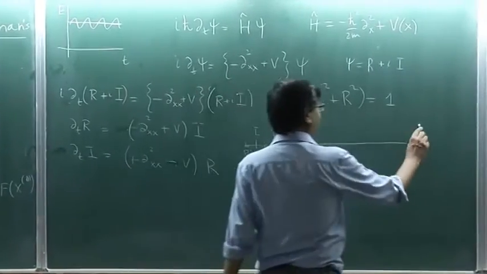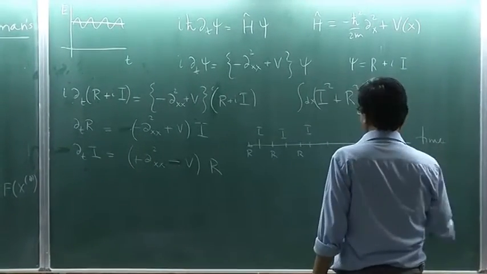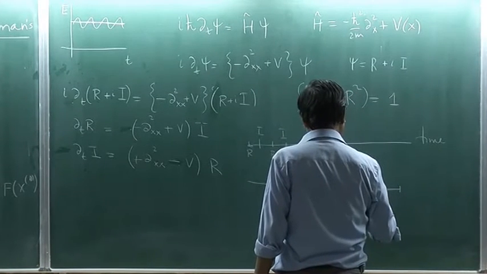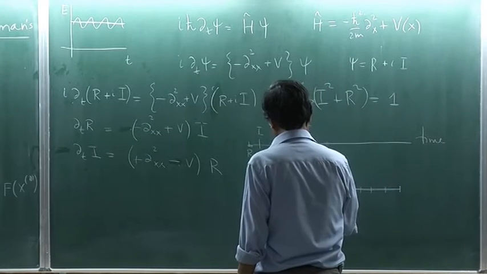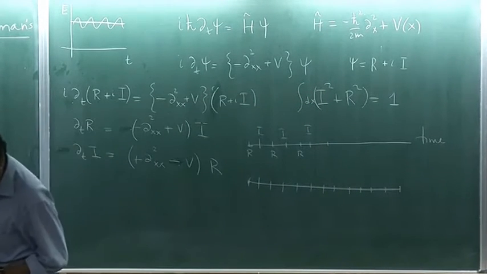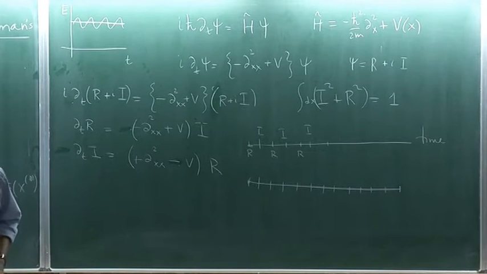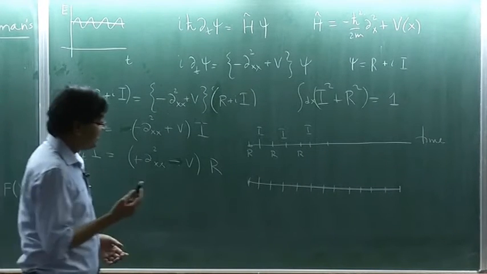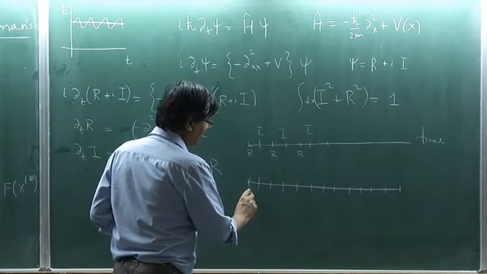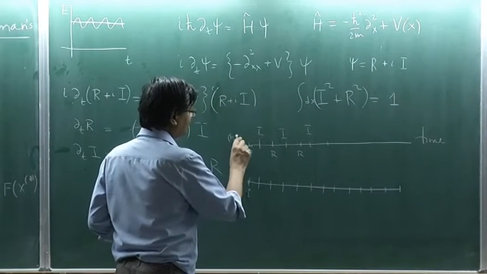So this is in time. Now I do the space discretization, which is the same. At every point there is a real part and an imaginary part, at every point i and every n.